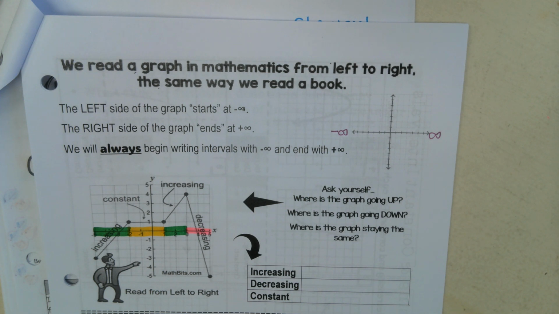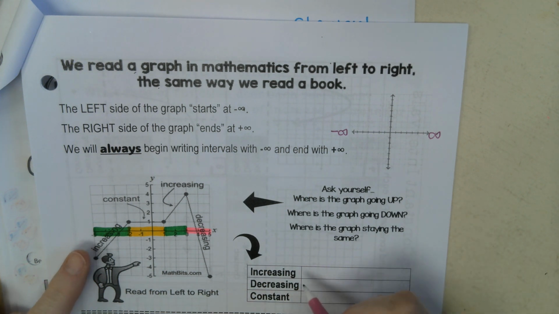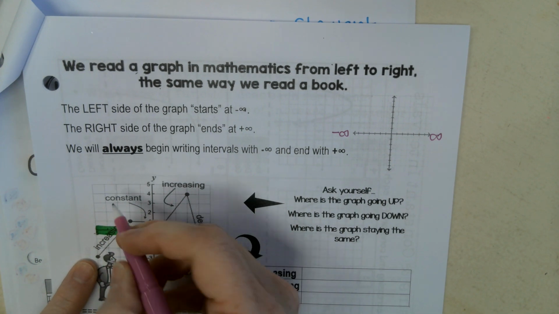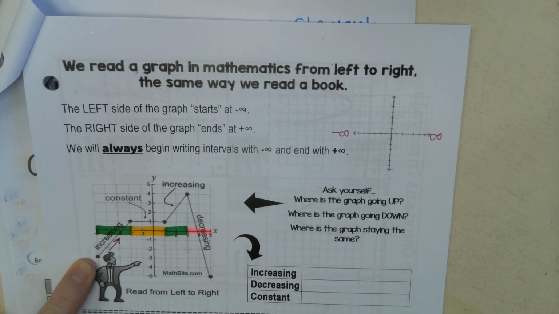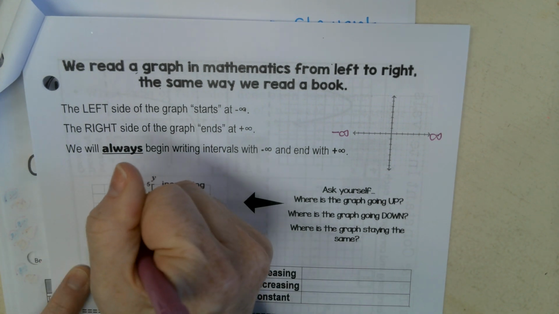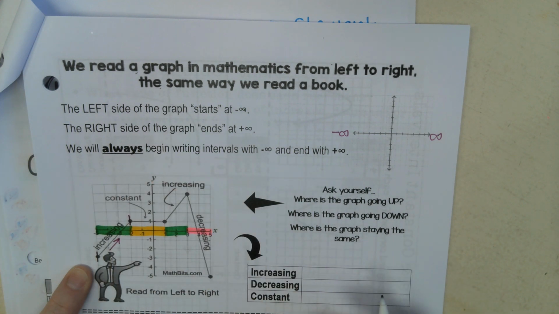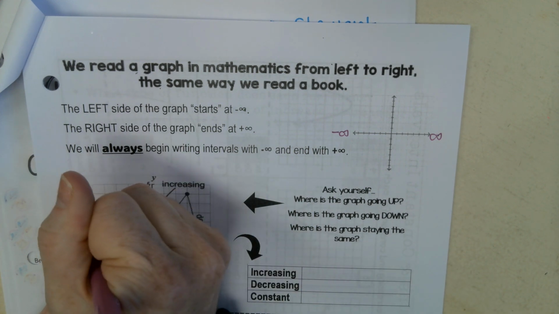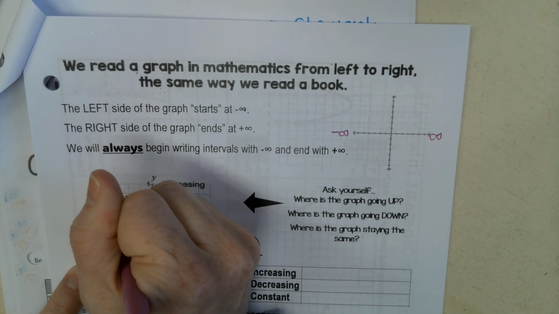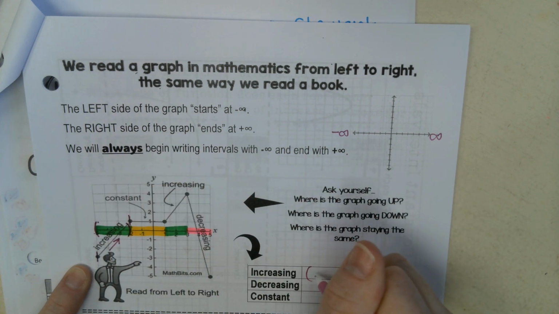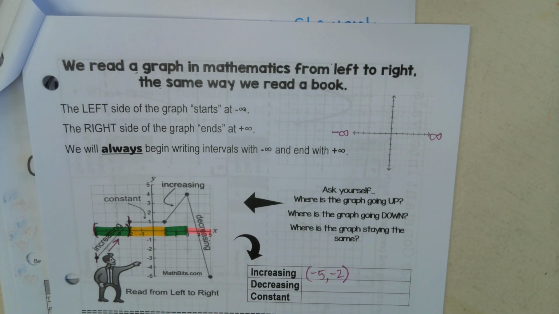So I am going to say that my graph is increasing. This graph is going up from here to here on my graph, and that happens to be right here on this interval, -5 to -2.